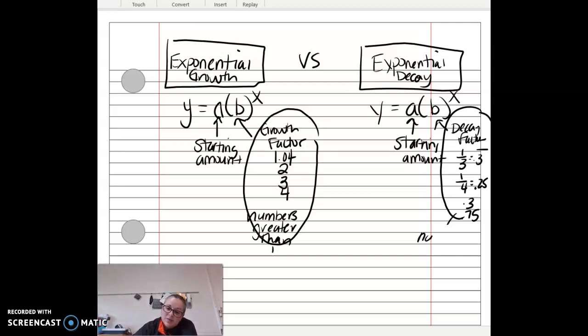These are numbers smaller than 1, but bigger than 0. Because if we had a decay factor of 0, we'd be multiplying by 0 and we wouldn't be getting anywhere. So it has to be bigger than 0 but smaller than 1 in order for our tables and graphs to decay.